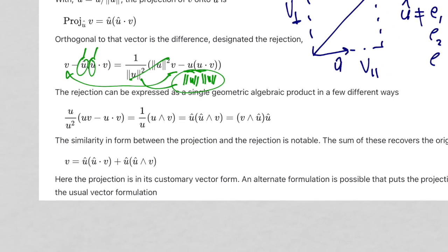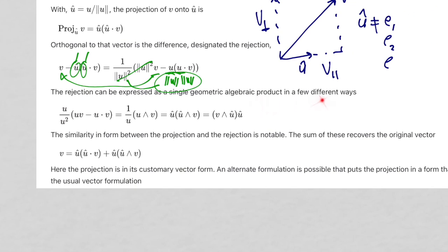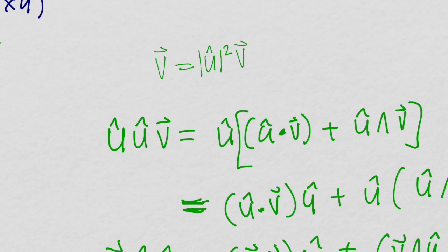So now what they're going to show is that the rejection can be expressed as a single geometric algebraic product in a few different ways. So this is kind of important to see. Let's look at this. Start with the obvious statement that a vector is the magnitude of a unit vector times itself. The magnitude of a unit vector is 1.